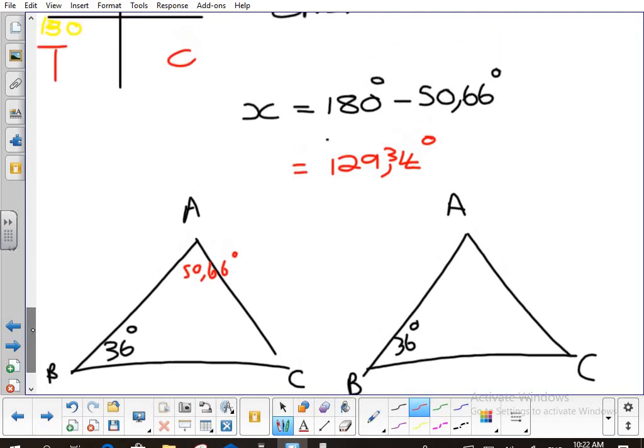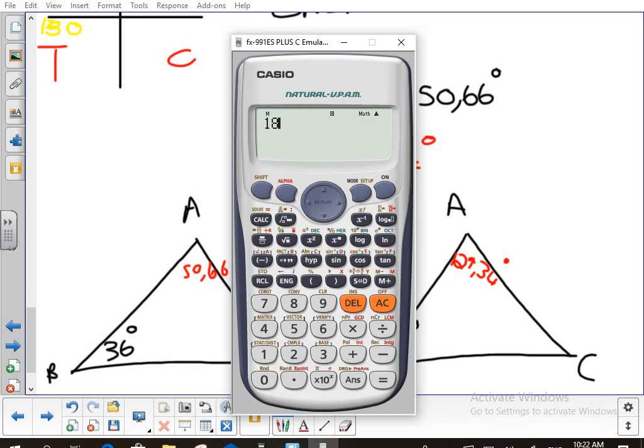Or in the second one, I said 129.34. So I need to make sure that with what was provided, there are enough degrees left to make an angle at C. So if I now take 180, I subtract 36 and I subtract 50.66, I get an answer of 93.34.